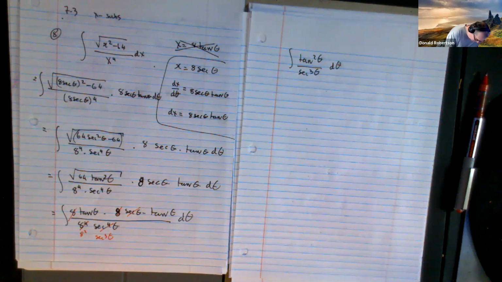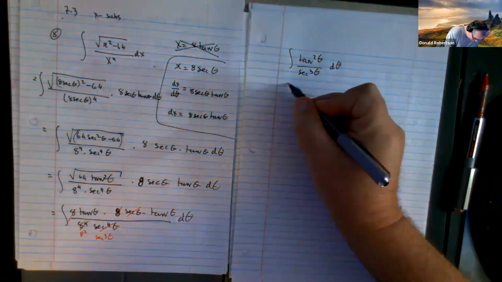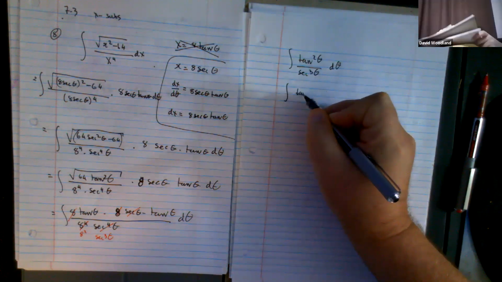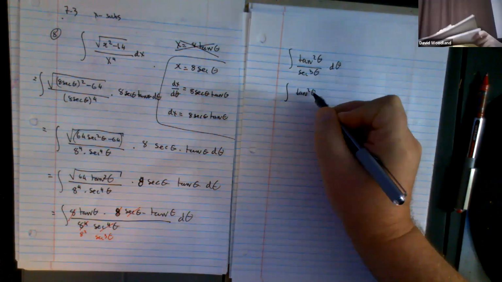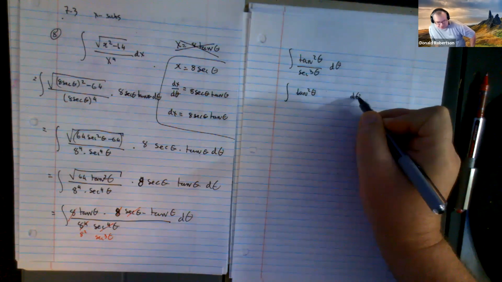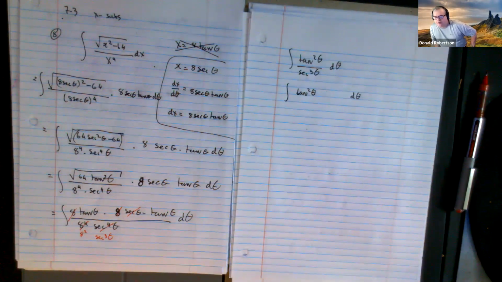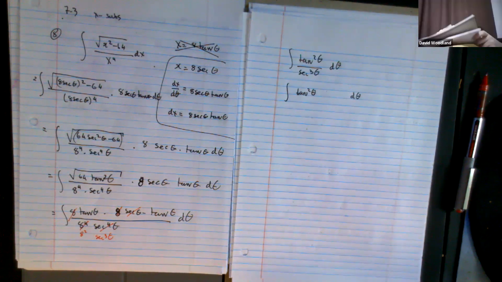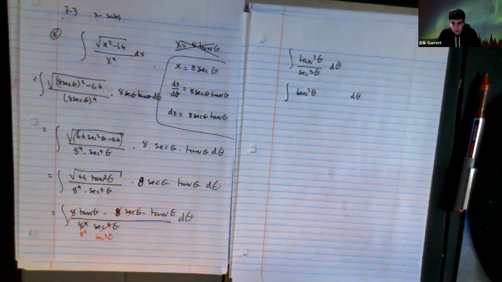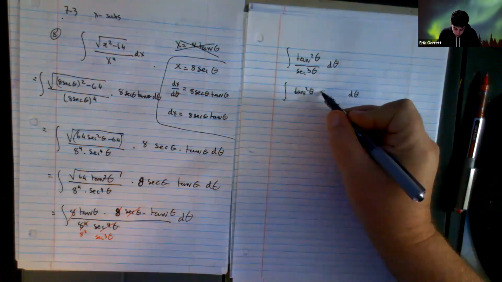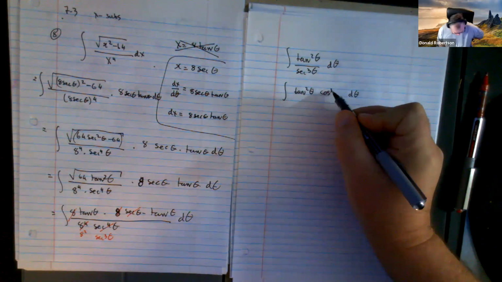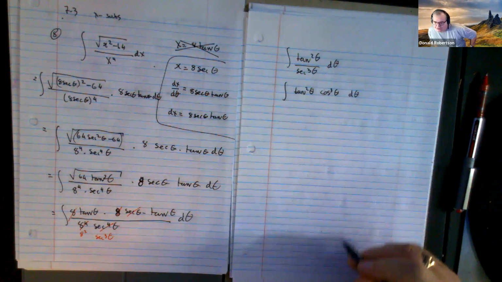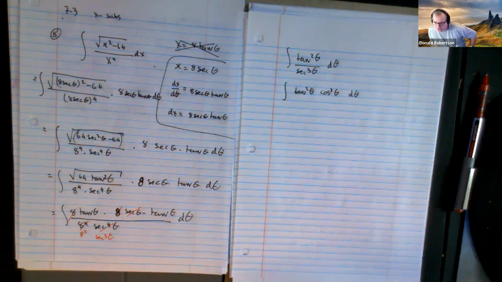So is there any other way to write secant cubed theta on the bottom? It would be just cosine cubed on top. Okay. It's still not doing me any good, but it's closer.